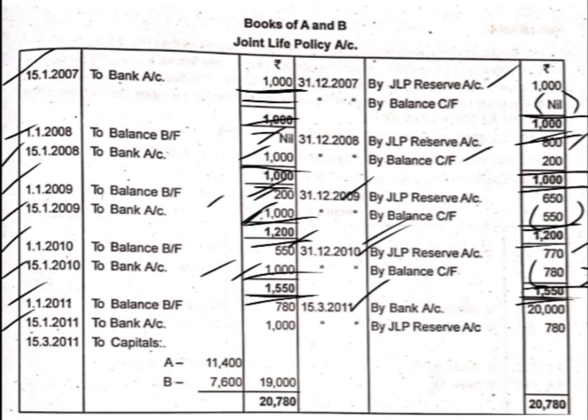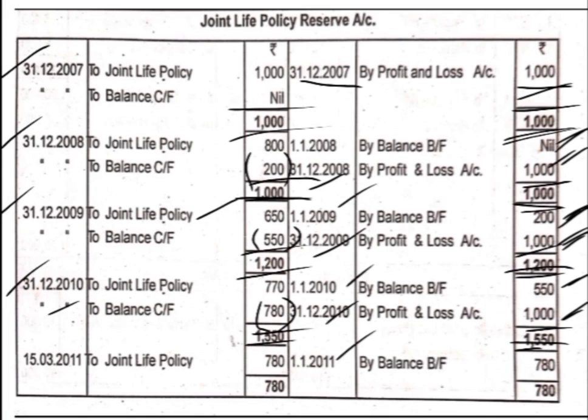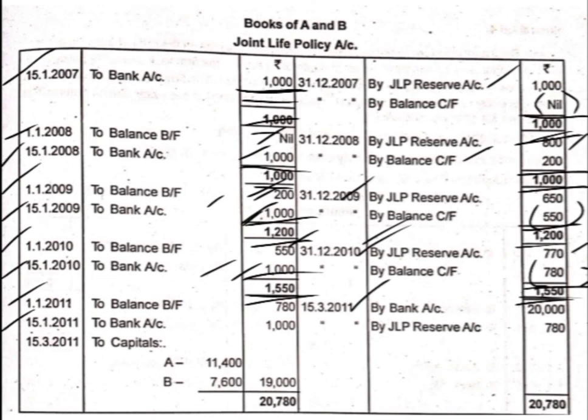Then the next entry will be for transferring the final balance left in the joint life policy reserve account to joint life policy account. So here we have 780 rupees, the same total we get, and the balancing figure here is also the same, that is 780, and this will be transferred to joint life policy account. You can mention that final balance transferred. And the other part of the transaction should be recorded here by joint life policy reserve account 780 rupees.